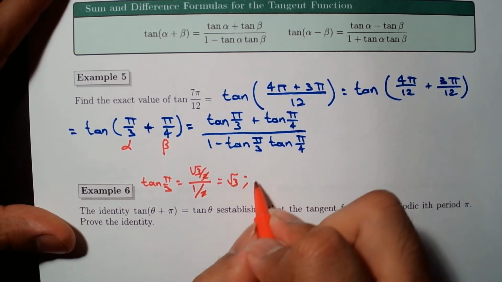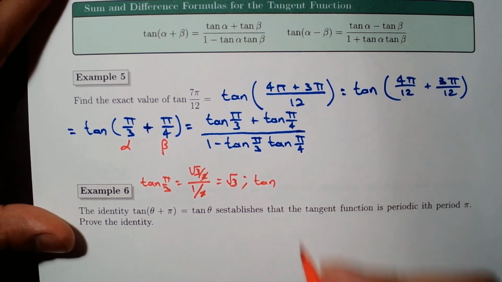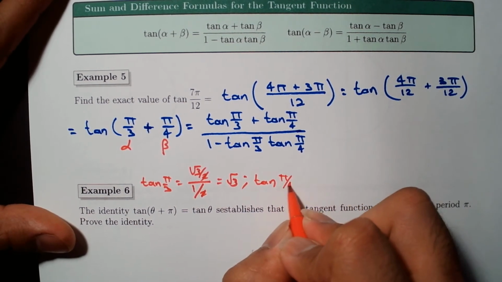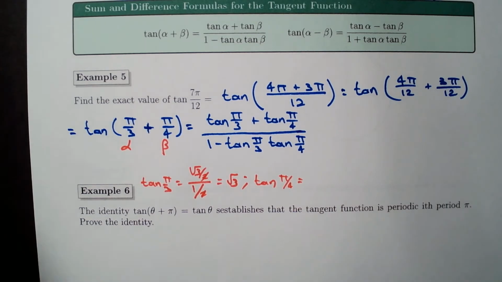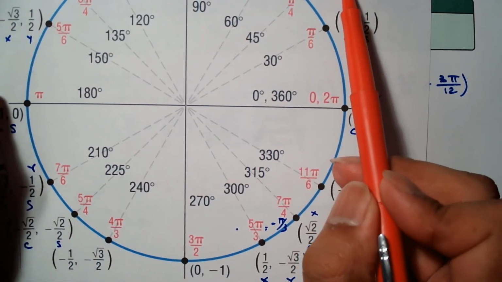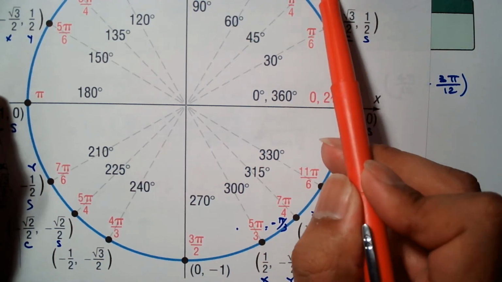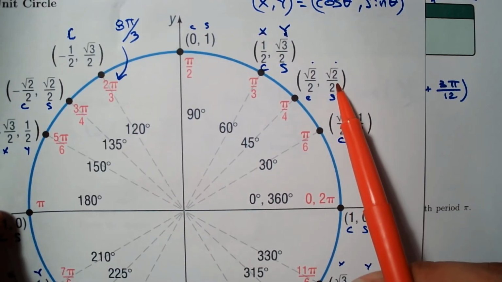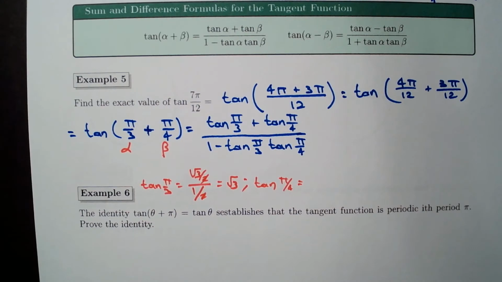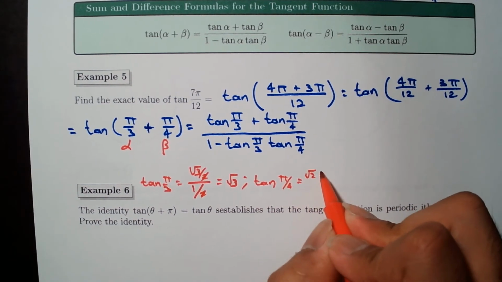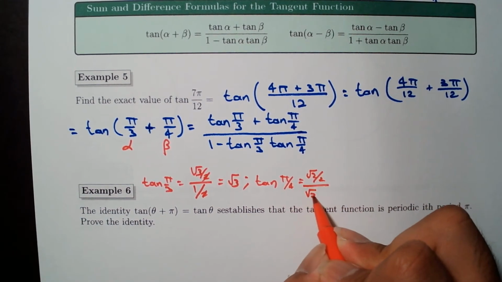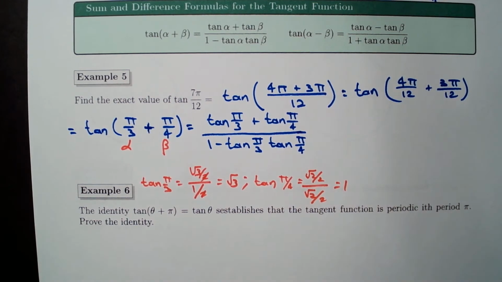On the other hand, tangent of pi over 4 is sine over cosine, root of 2 over 2 over root of 2 over 2, which is simply 1.